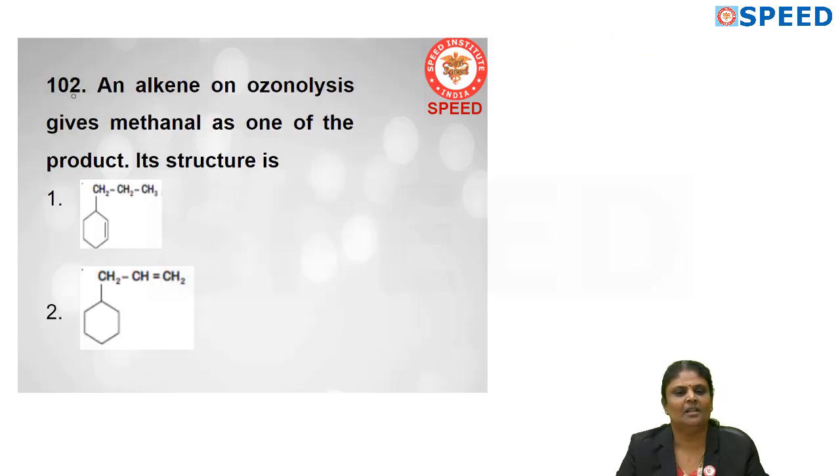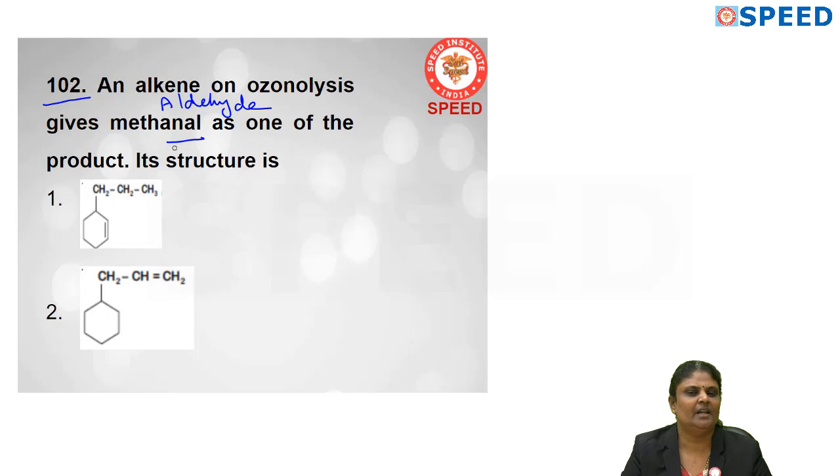And then the next question: an alkene on ozonolysis gives methanal. This is an aldehyde, and the IUPAC name is given. This is HCHO, whose common name is formaldehyde.